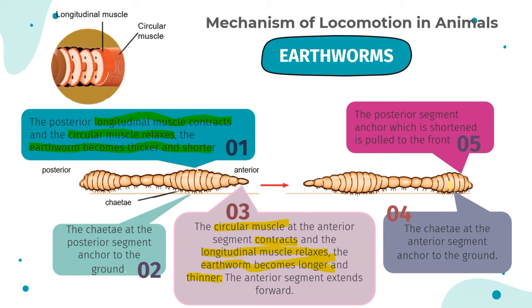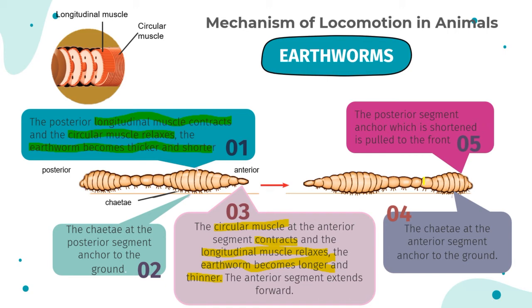The posterior is pulled to the front once the kit of the anterior segment anchors the ground. So it will cause the posterior segment to pull to the front. This is what happens when the earthworm moves.